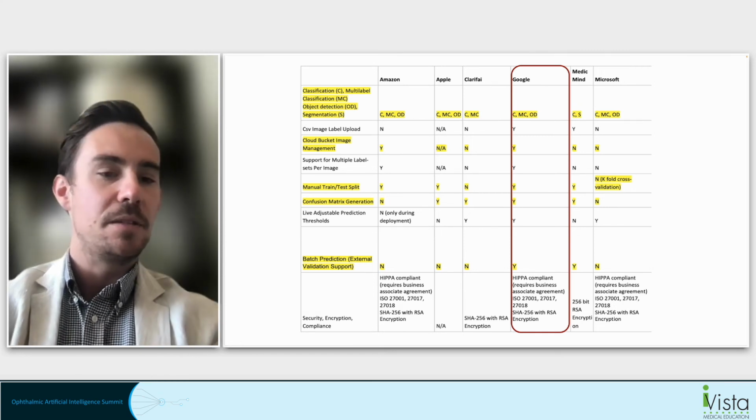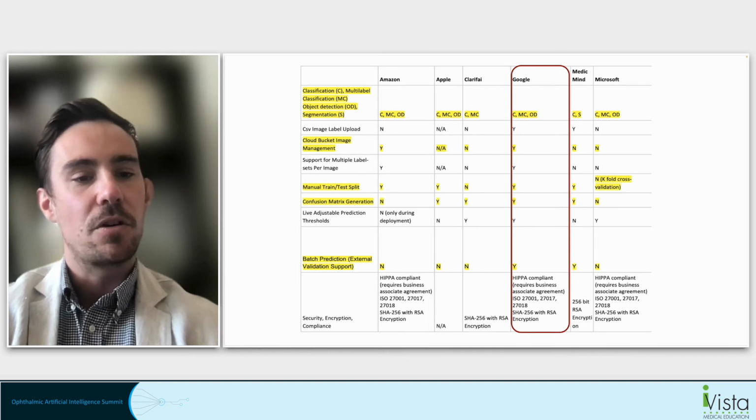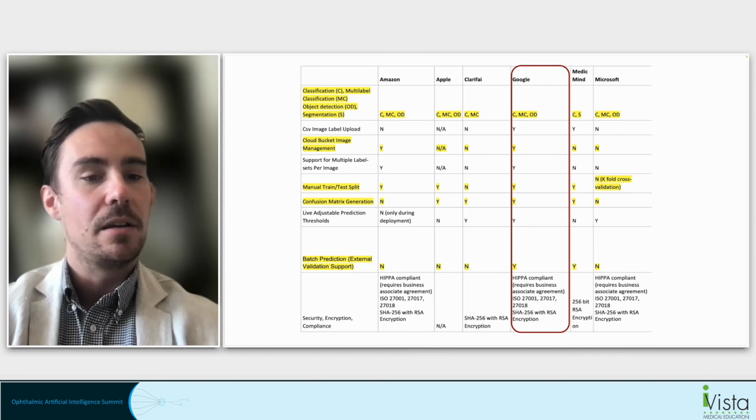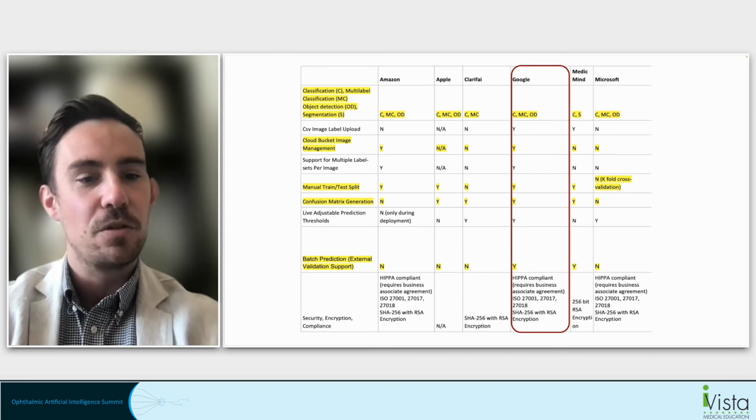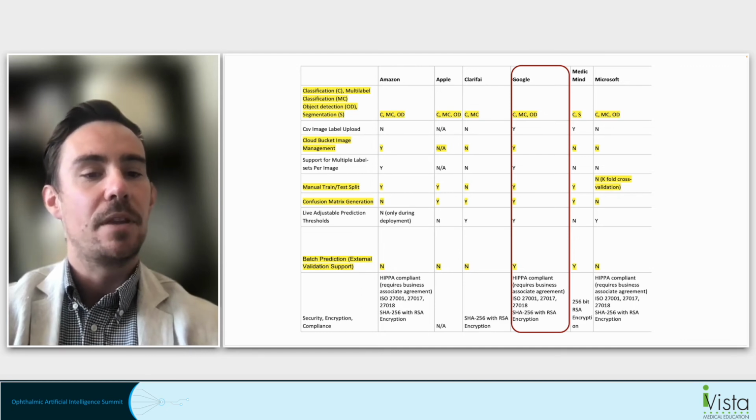We evaluated if these platforms had the requisite features for high quality model designs, specifically batch prediction, which enables external validation. Long story short, Google was the only platform that contained all of these necessary features.